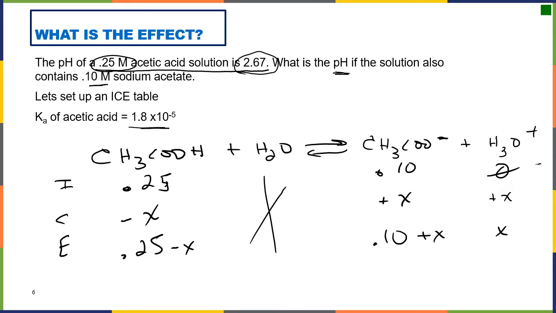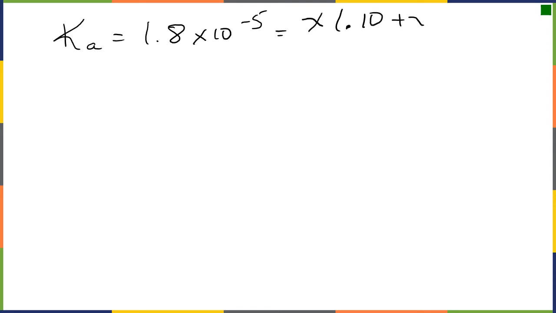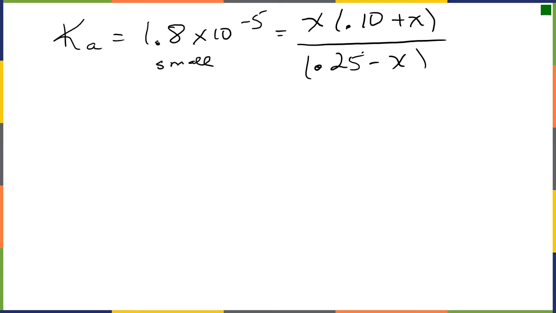If we plug this in to our equation for K, we will get that Ka is equal to 1.8 times 10 to the minus 5, and that's going to equal x multiplied by 0.1 plus x over 0.25 minus x. So what can we do with this? Well, Ka is small, and small tells us that the x with respect to the initial can be ignored.